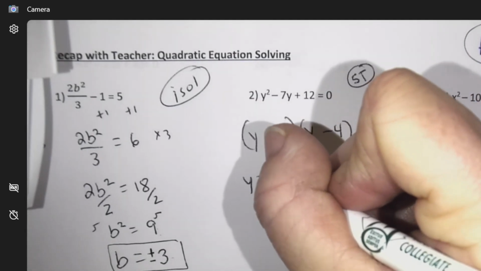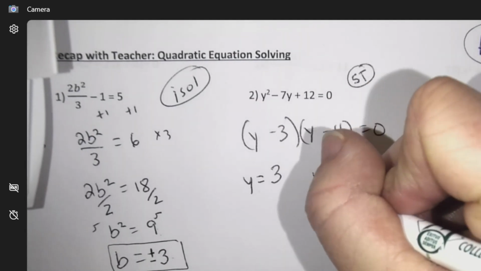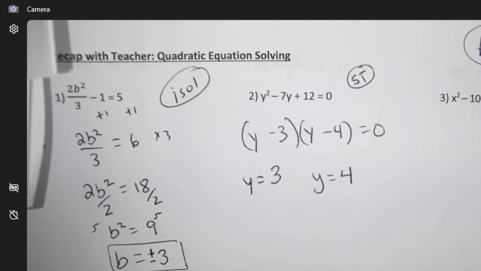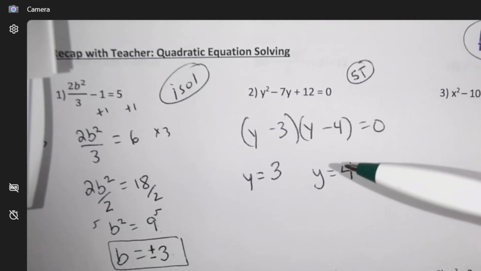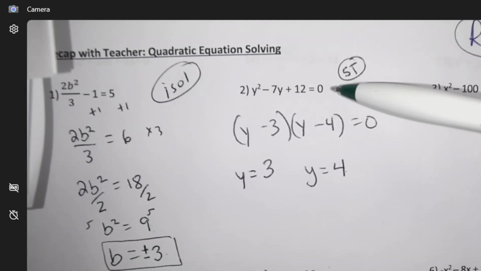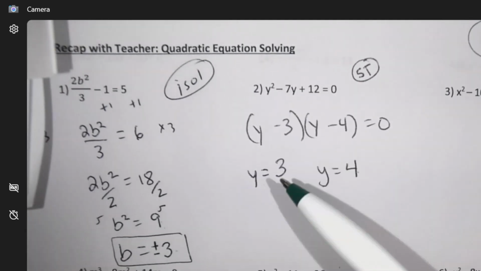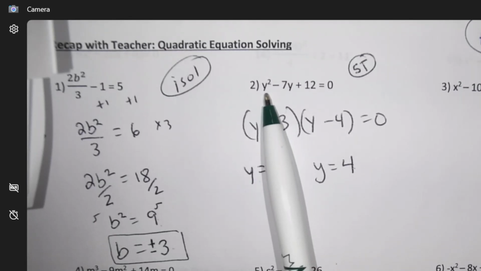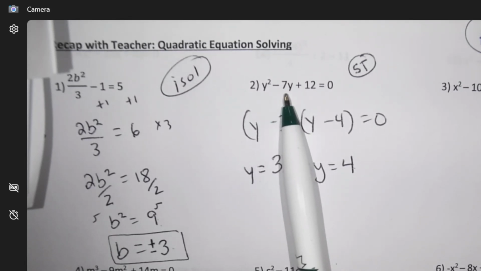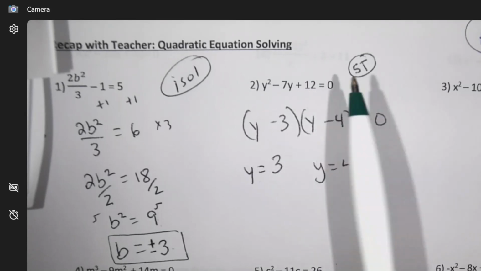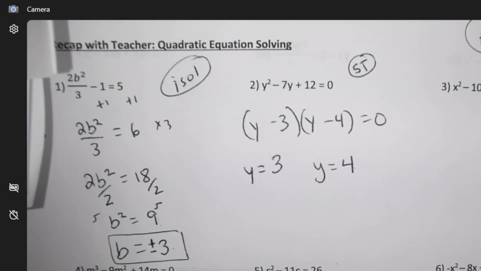So positive 3 and positive 4. On your test, I think you're going to have lots of time on this test. You can always put a 4 through here to check. 4 squared, 16, minus 7 times 4, so minus 28, plus 12, yep, that's 0. Check.